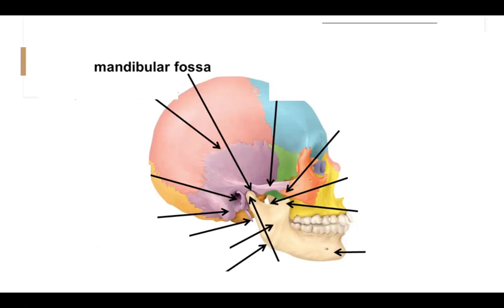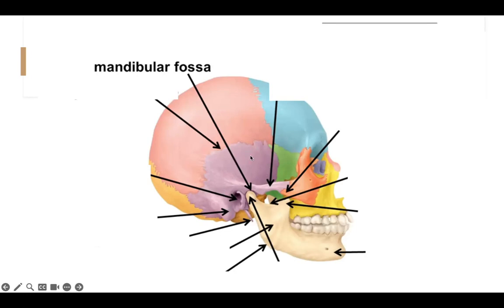So first off, we have the mandibular fossa. Can we remember what a mandibular fossa is? I'm sorry, not the mandibular fossa, but can we remember what a fossa actually is? A fossa is one of those bone markings, which is a shallow depression where a bone can articulate, right? Bone can connect. So the mandibular fossa is of the temporal bone in purple.